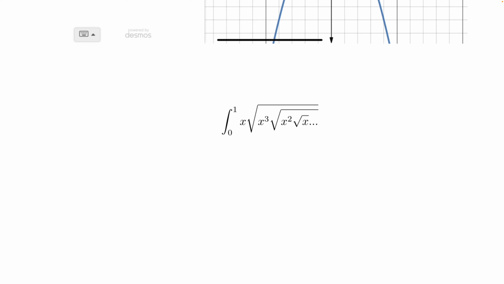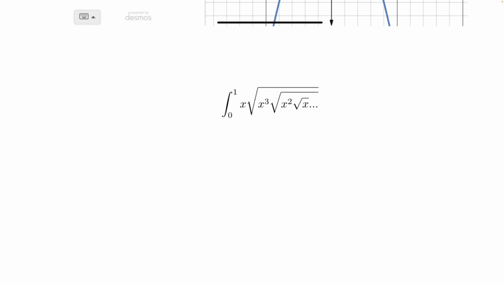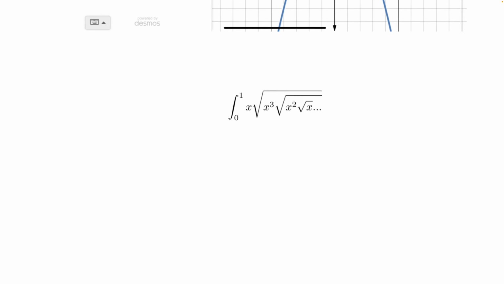So the first challenge is to try and write these nested cascading roots in a simpler format. How we could do this is to notice that x is multiplying the root of the entire term next to it. So we could say that, well, note root a is equal to a to the half. So we can try and write it in this format.